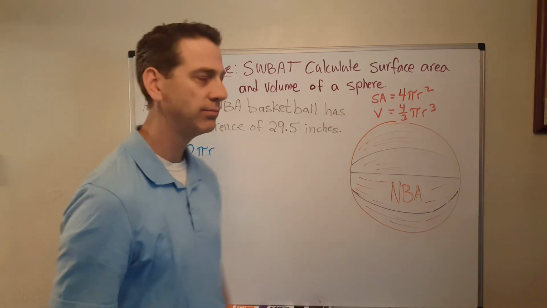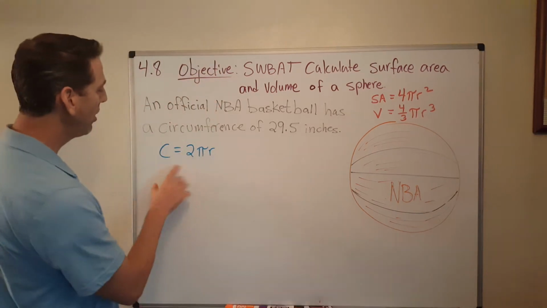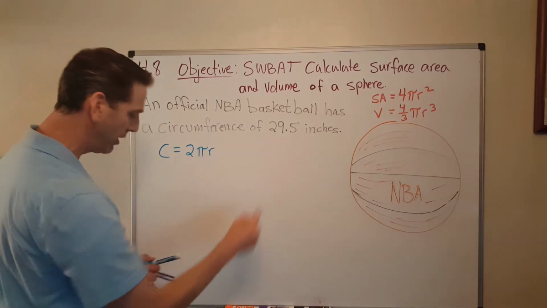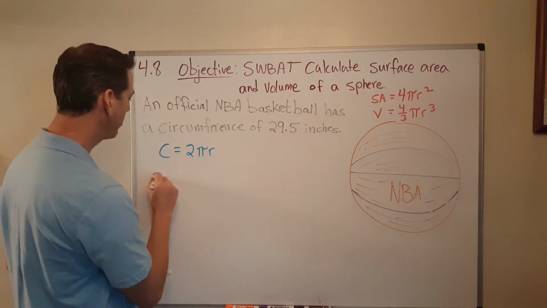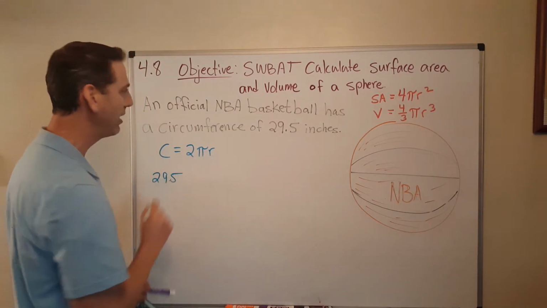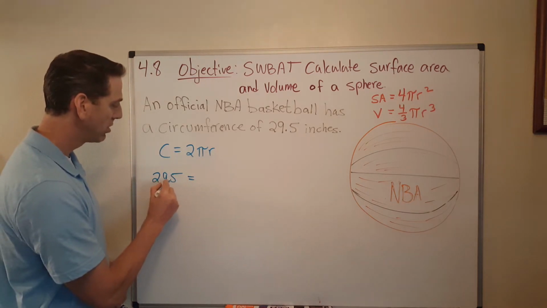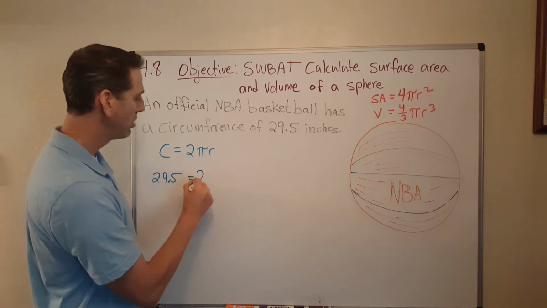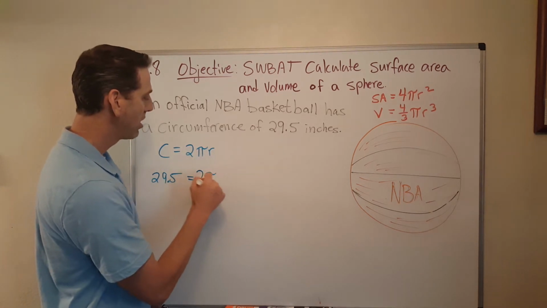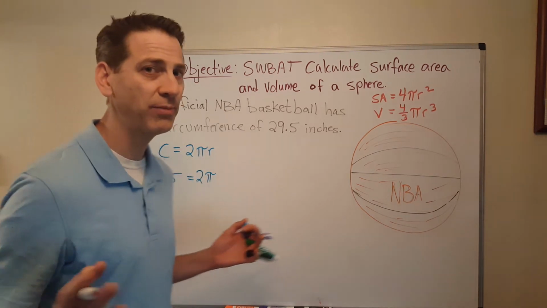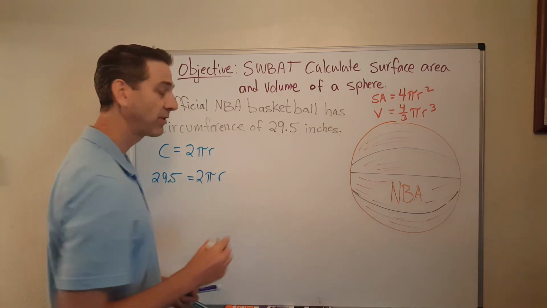I know the circumference is 29.5 inches, so I'm going to substitute that in and set it equal to 2 pi r. I don't know what r is, that's my unknown, so I'm just going to leave it as an r.